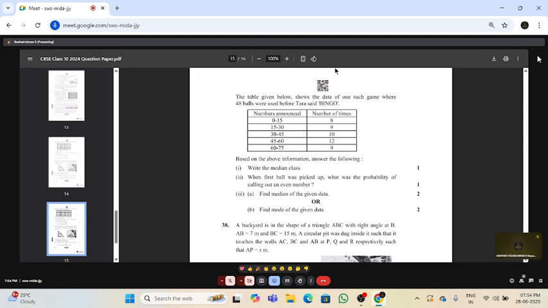The range and frequency are given. With this data, what is the median class?